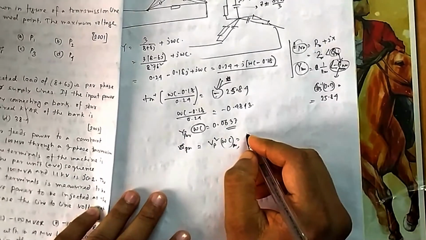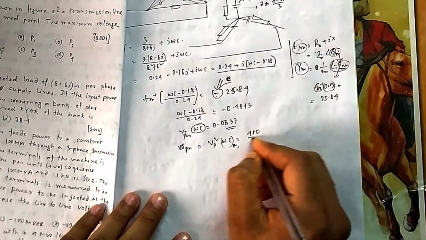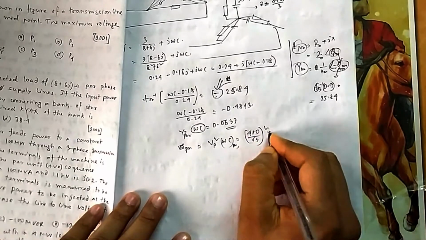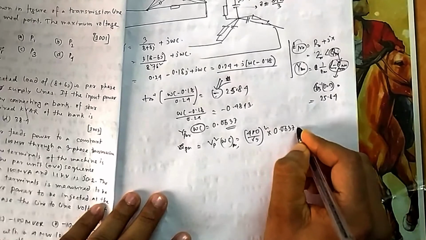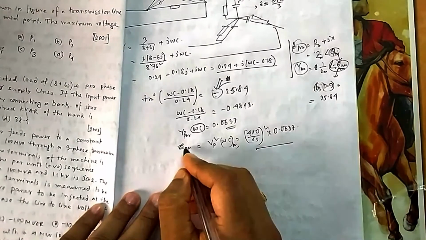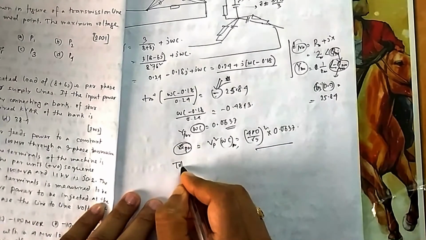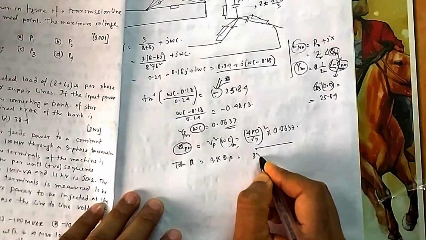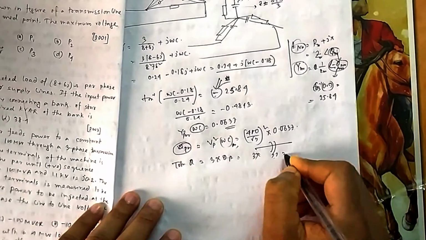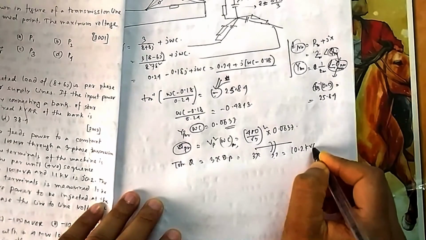So Vp per phase is 400 by root 3, whole square, into 0.0637. Whatever you got, this is per phase. So total Q will be 3 into Q per phase. So your answer will be 10.2 kVAR.